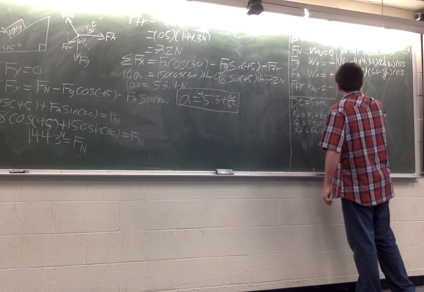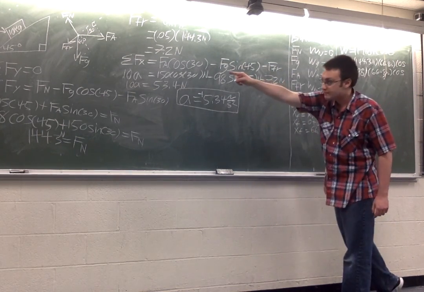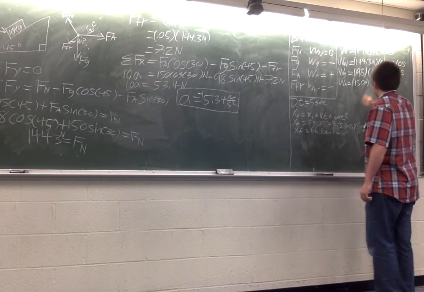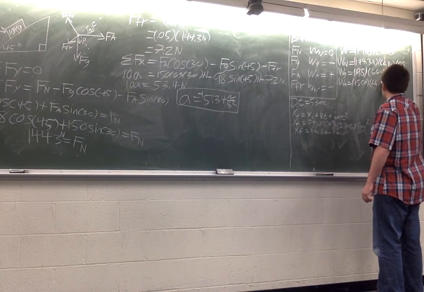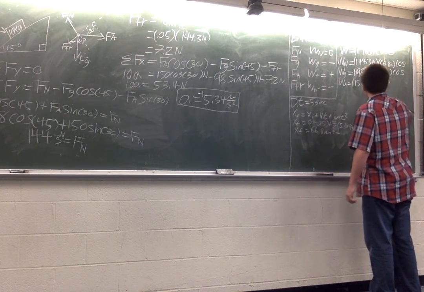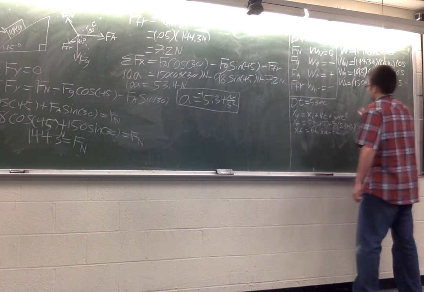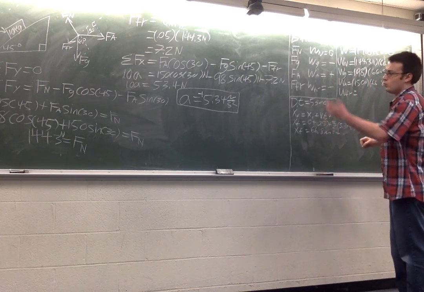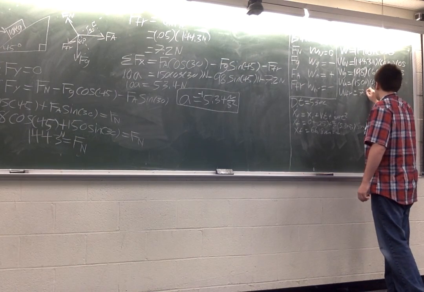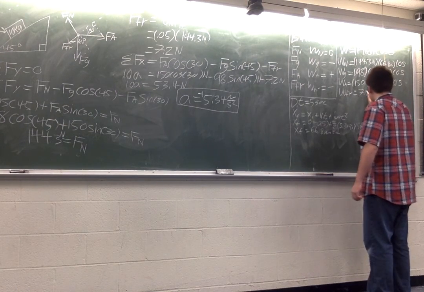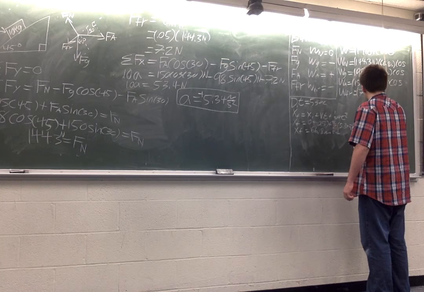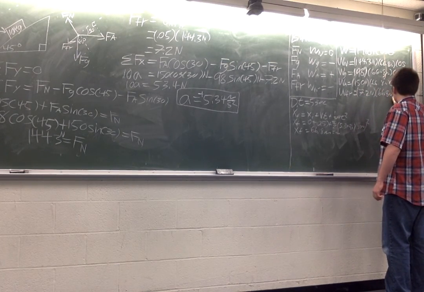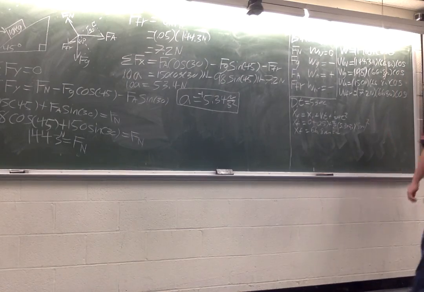Work done by the applied force is going to be 150 newtons times 66.8 meters, times cosine. And the work done by the frictional force is going to be 7.2 newtons times 66.8 cosine. Cool. Now let's figure out what these angles are.